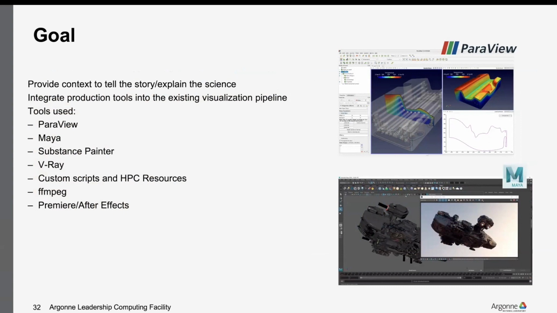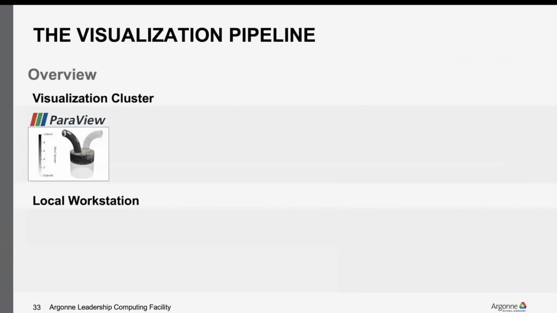This is a list of some of the tools that we used, and an overview of what that pipeline looks like. Again, we're bringing together these tools to look at large scale data, right? We want to be able to do this on the visualization cluster supercomputer. We don't want to move terabytes of data to our workstation where typically you would work with these commercial tools.